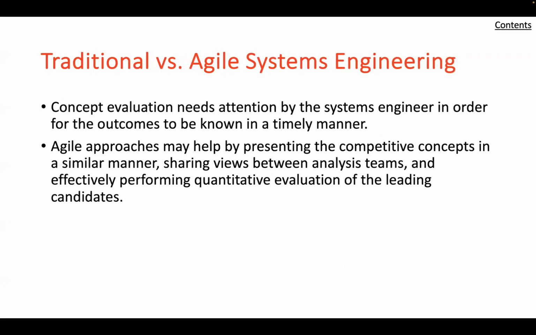As a final topic, we can consider the traditional versus agile system engineering approach to concept evaluation. From a concept evaluation and selection perspective, traditional system engineering would proceed in a methodical approach to collect the system objectives, requirements, and functions, as well as the candidate alternative system concepts.